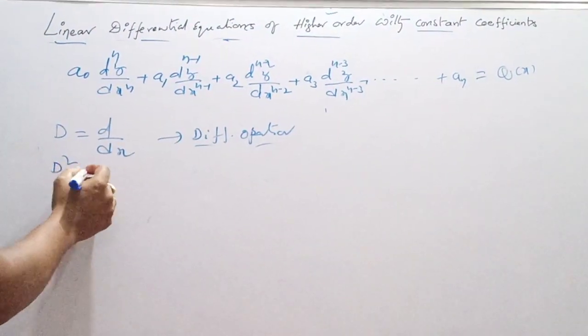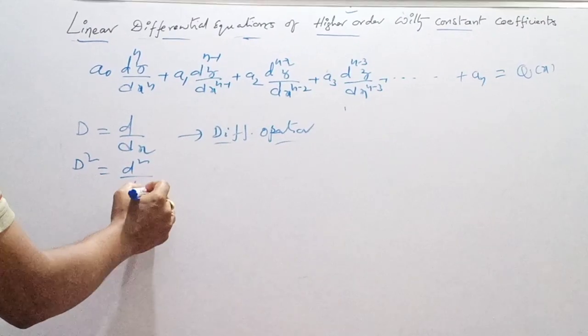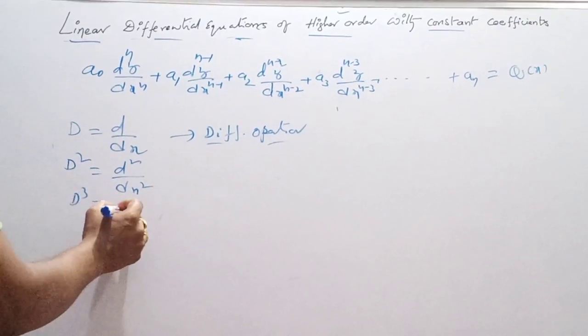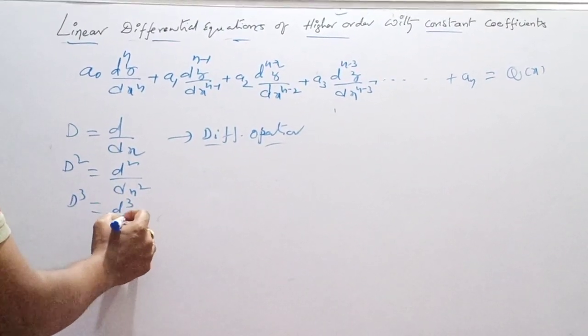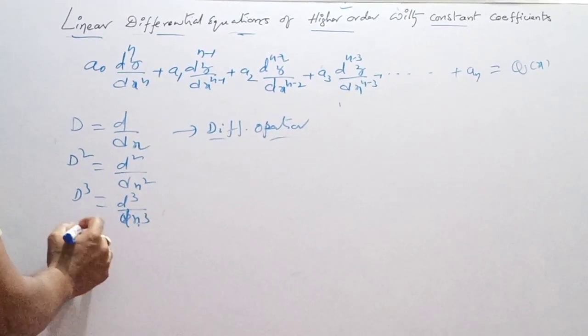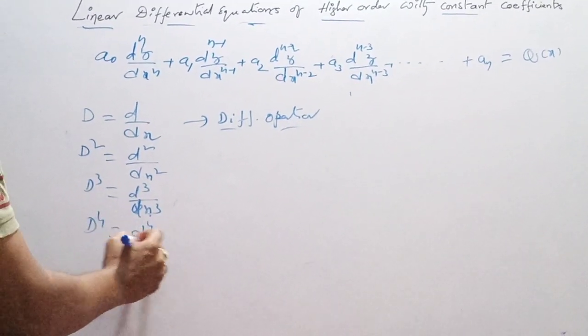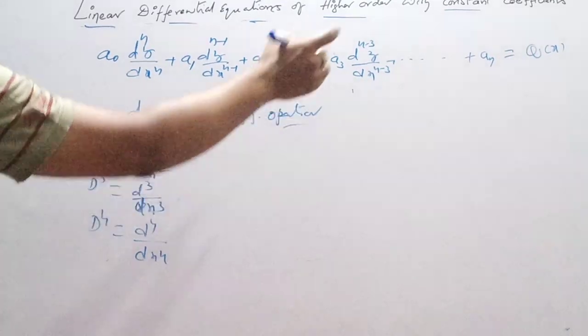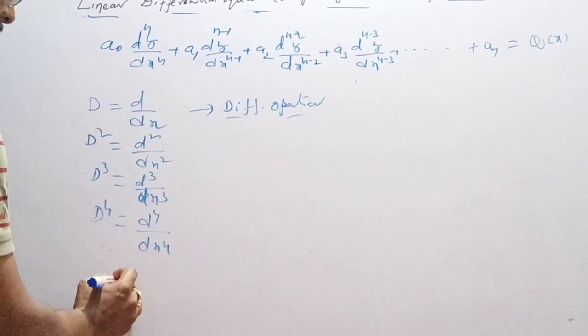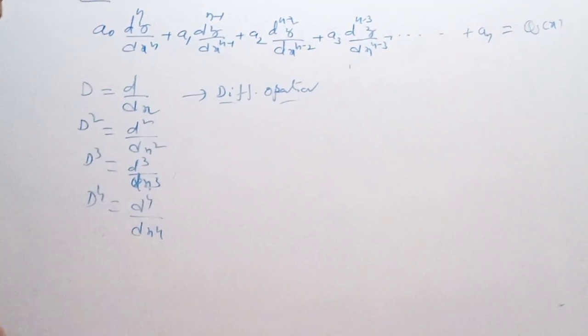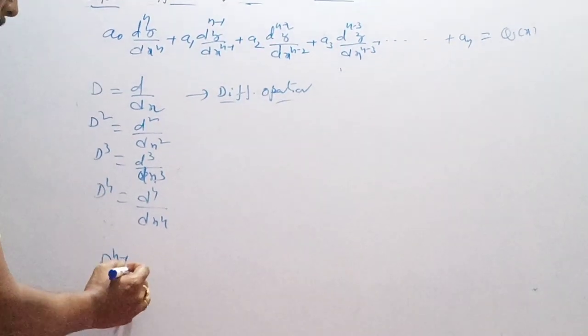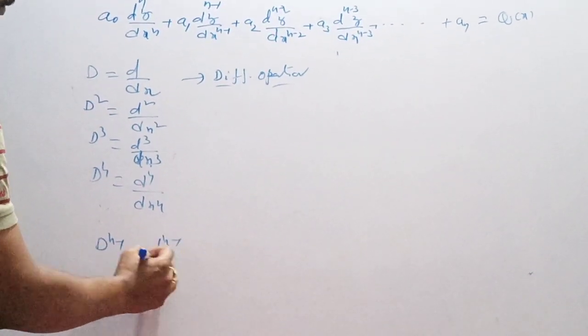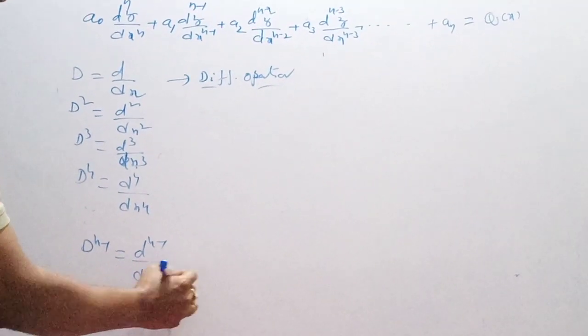Then D square means d square by dx square, D cube means d cube by dx cube, D power 4 means d power 4 by dx power 4, and so on, D to the power of n minus 1 equals d power n minus 1 by dx to the power of n minus 1.